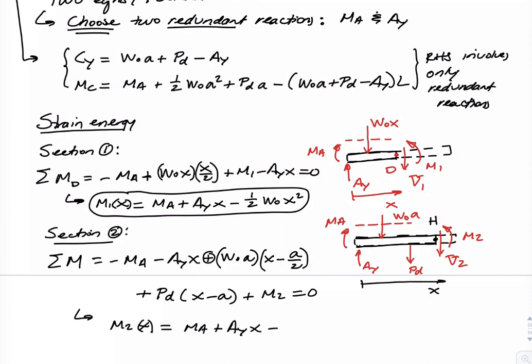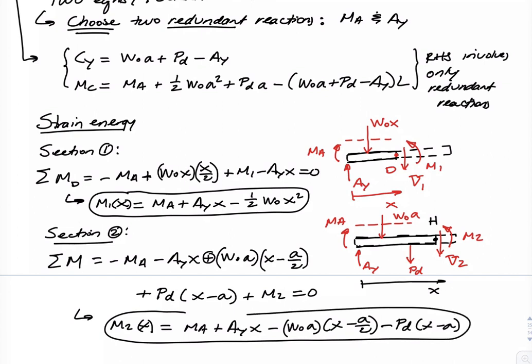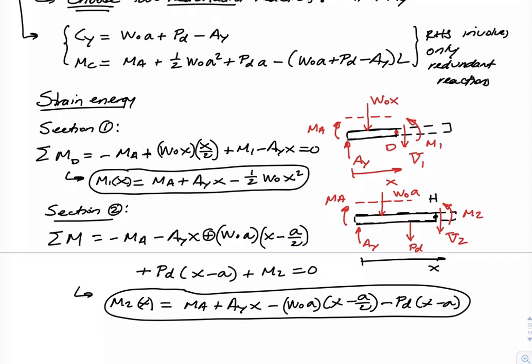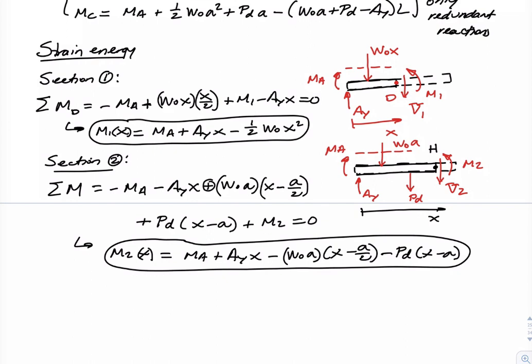So that becomes minus W naught A times X minus A over 2, minus the dummy force PD times X minus A, like that. Okay, so therefore the strain energy is what I get from 1 and what I get from 2.